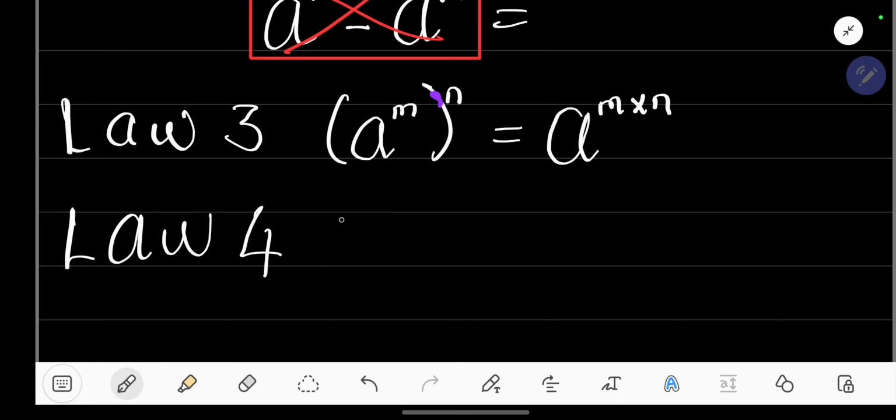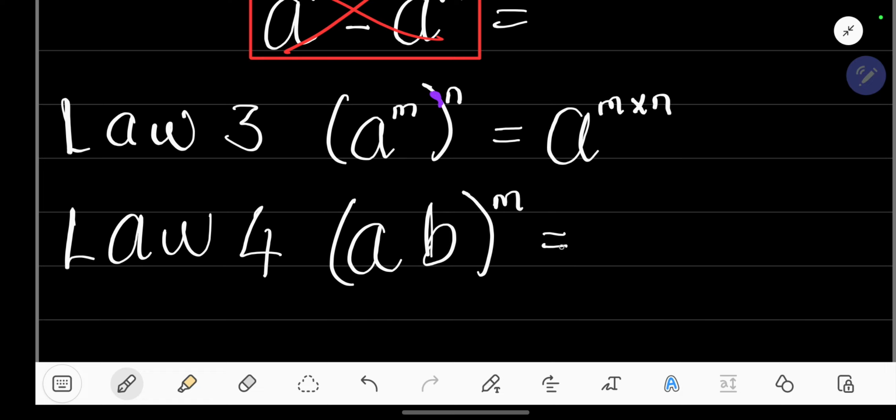In law number 4, we have two bases in the bracket, and then one exponent outside. You notice that we have two bases, a and b, both of them in the bracket, and outside the bracket there's m.